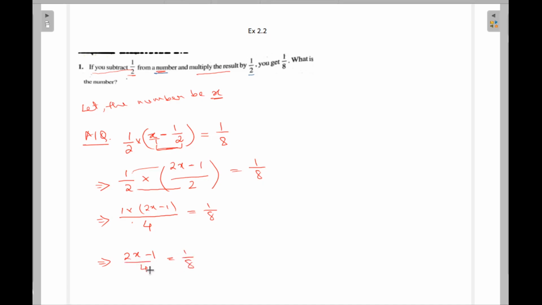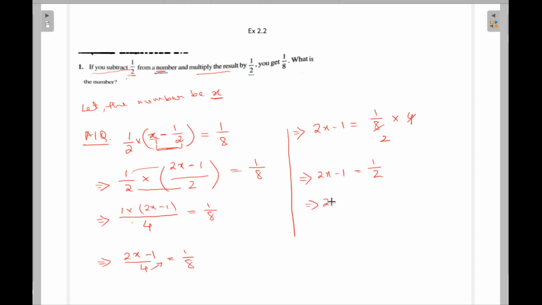Now we will take this 4 to the other side. If 4 is in division form, we have to make it multiplication on the other side. That means twice x minus 1 will become 1 by 8 multiplied by 4. So we can make it in simple form: twice x minus 1 equals 1 by 2.